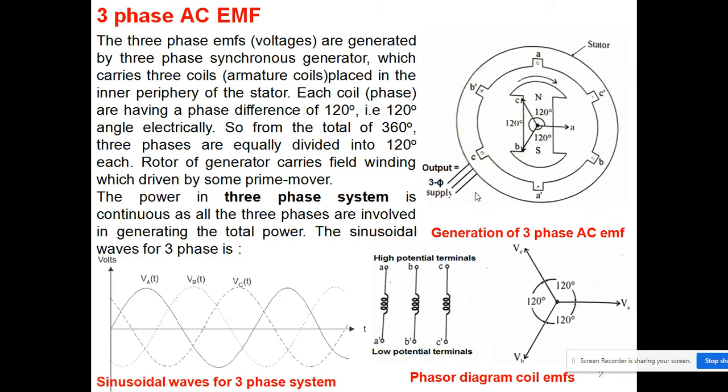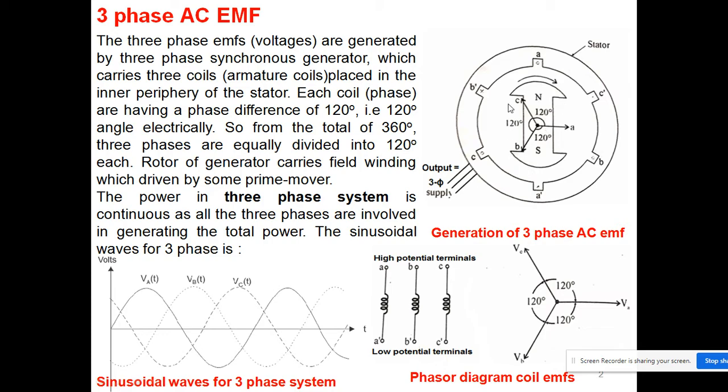What is happening here is that the field winding is provided on the rotor, and the rotor is moving. When the rotor moves, the field winding moves at the same velocity.